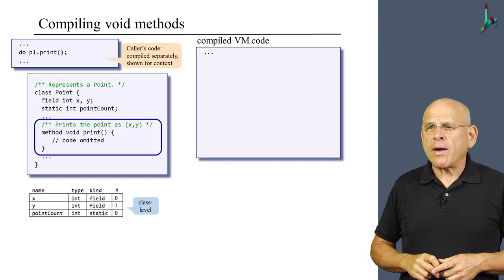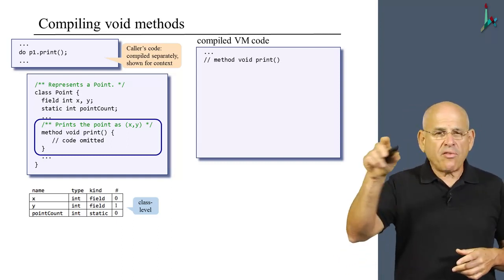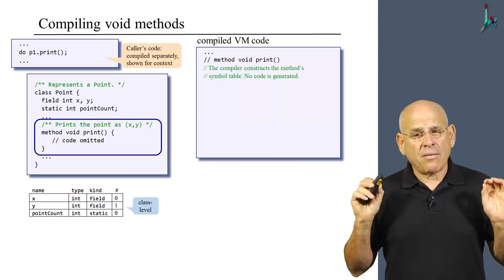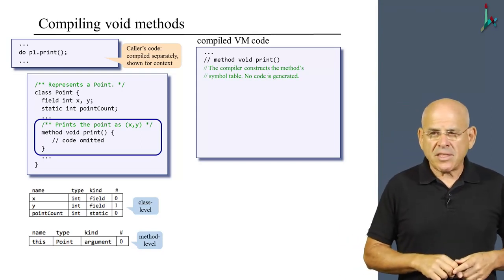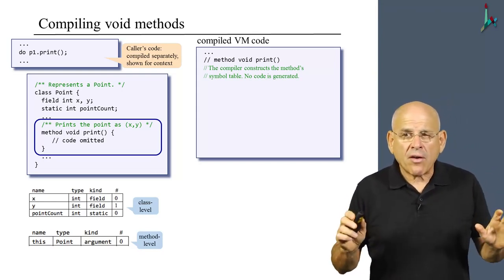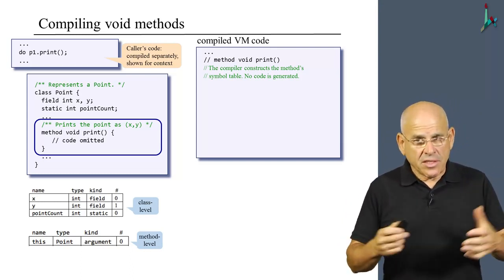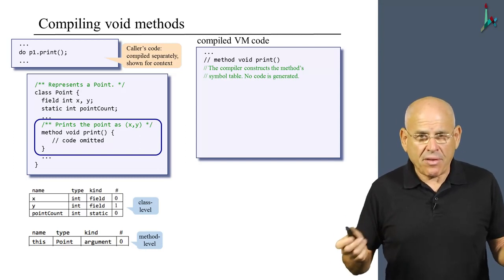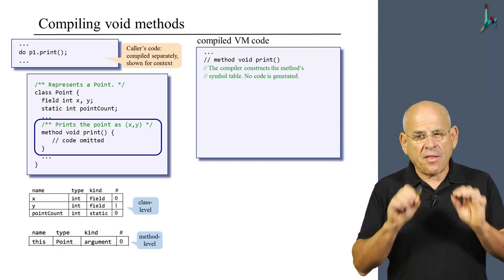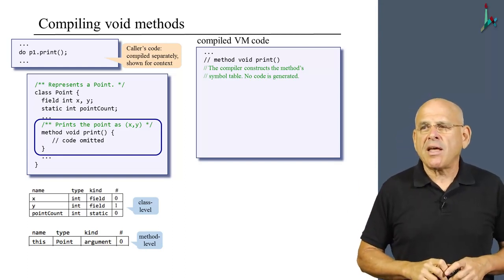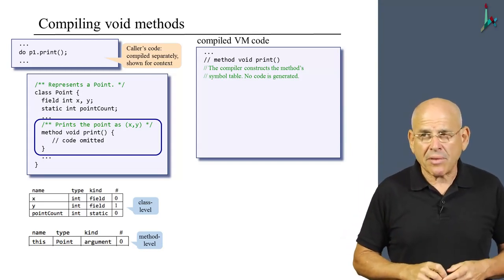Then, when we have to generate code for compiling method void print, the only thing that the compiler will do is create the symbol table of this subroutine, which so far contains one entry only, which is this. Because every method, irrespective of what it has to do, always contains the this object as the first entry of its symbol table.